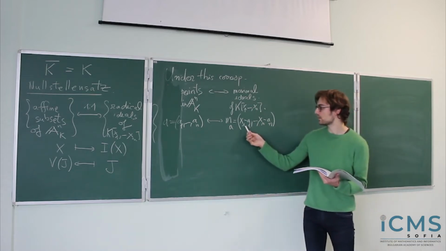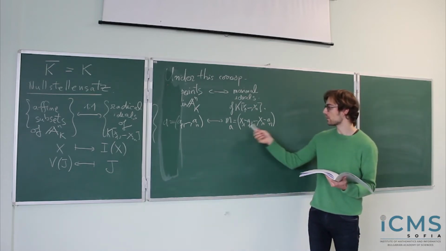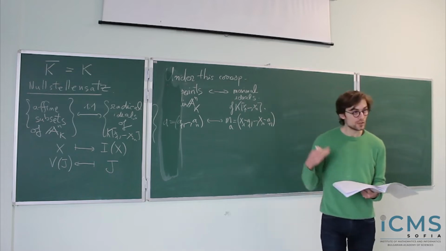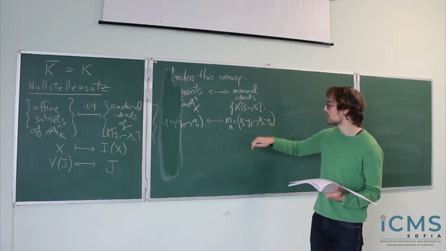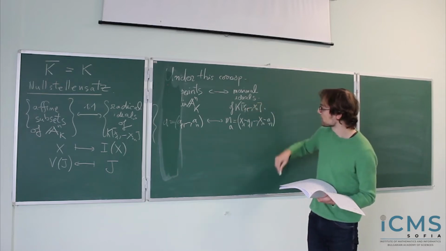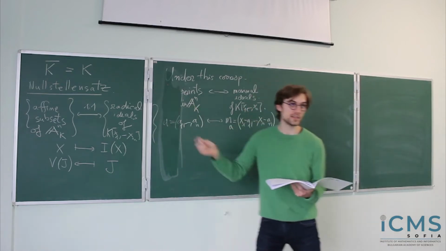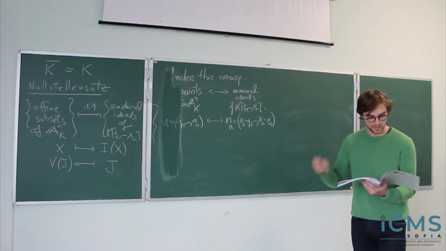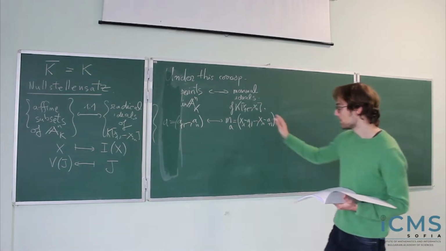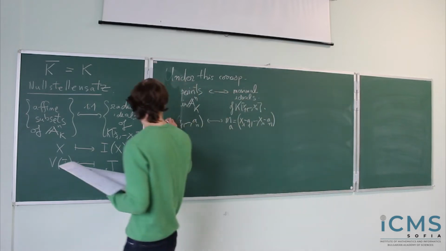It's just the maximal ideal generated by x1 minus a1, up to xn minus an. And part of the Nullstellensatz result says that these are all the maximal ideals of this ring, if K is algebraically closed. If K is not algebraically closed, there are some subtleties that we need to take into account.